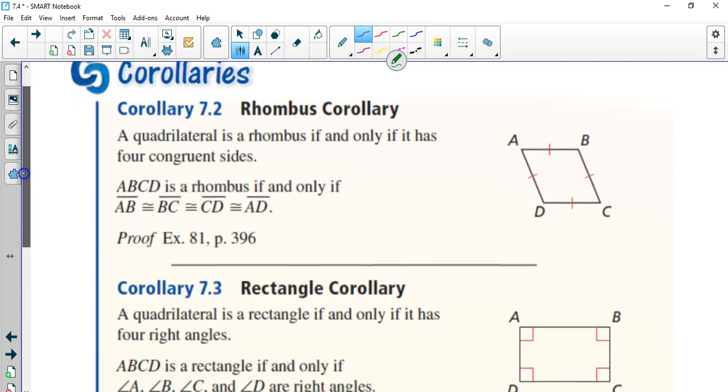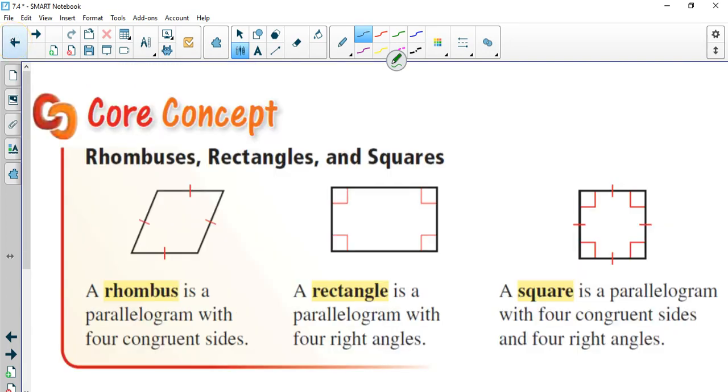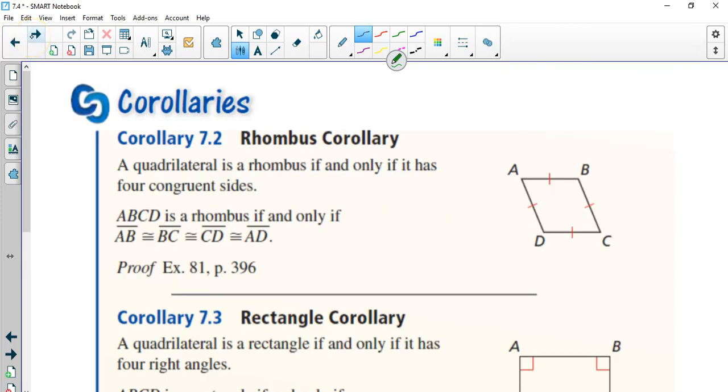All right, now the rhombus corollary. Okay, remember a corollary is a subset. So a quadrilateral is a rhombus if and only if it has 4 equal sides. So based on what we just learned here, that a rhombus is a parallelogram with 4 equal sides, okay, that is the corollary.